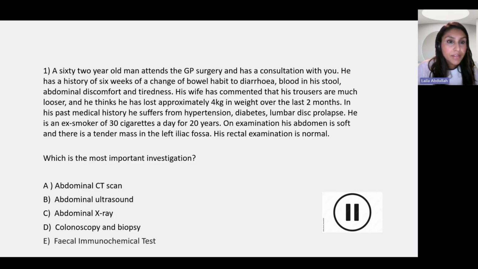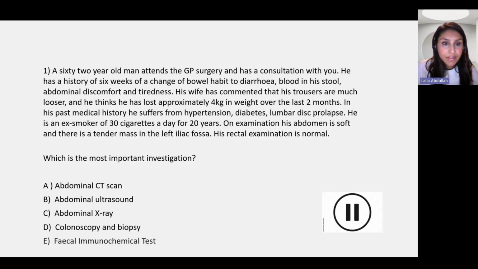A 62-year-old man attends the GP surgery and has a consultation with you. He has a history of 6 weeks of a change in bowel habit to diarrhea, blood in his stool, abdominal discomfort and tiredness. His wife has commented that his trousers are much looser, and he thinks he's lost approximately 4 kilos in weight over the last 2 months. In his past medical history, he suffers from hypertension, diabetes, lumbar disc prolapse.